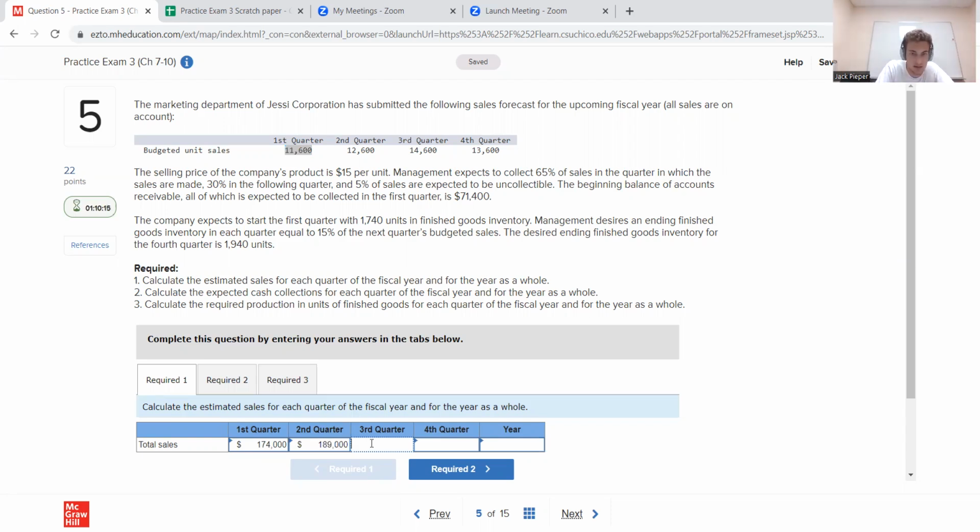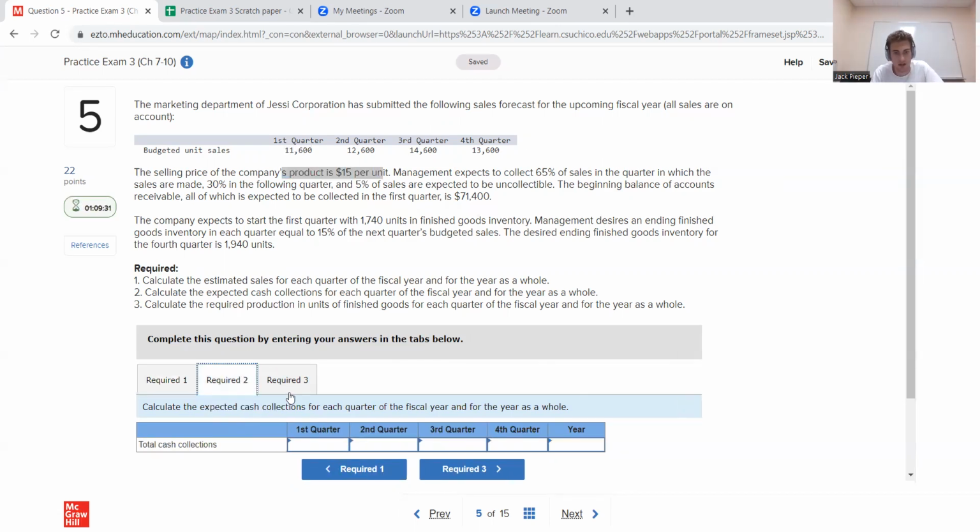Third, 14,600 times 15. The fourth quarter is 13,600 times 15. For the year, we'll add them all up. All we did there was budgeted unit sales times price per unit.